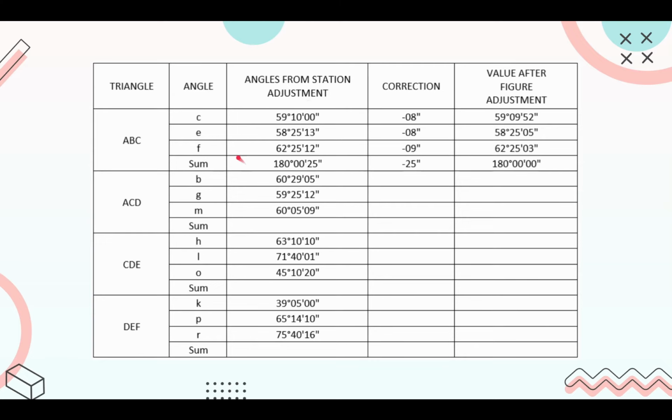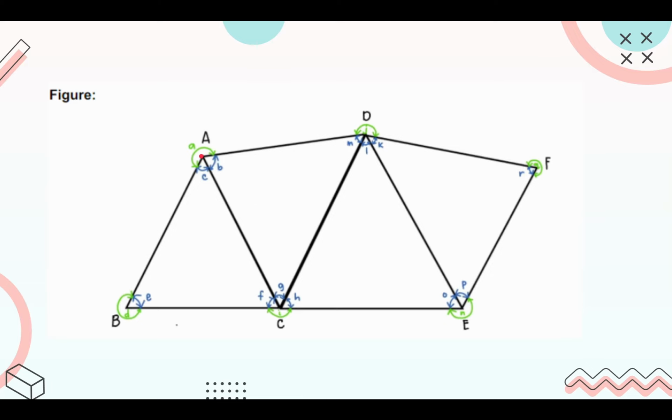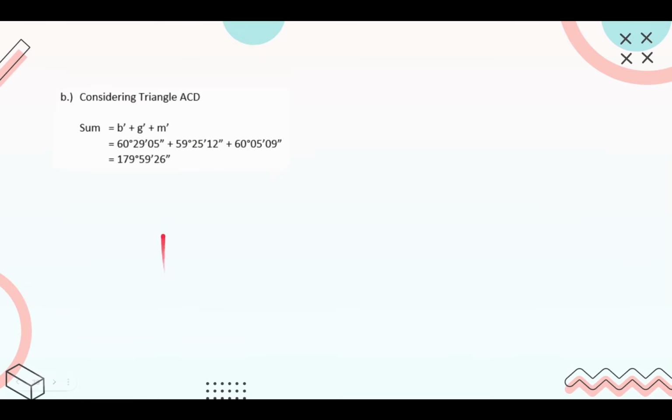So next we will solve for the next triangle, which is triangle ACD. Provided with a figure once again, we can say that the angles involved in triangle ACD are angles B prime, G prime, and M prime. Next, we simply repeat the process.